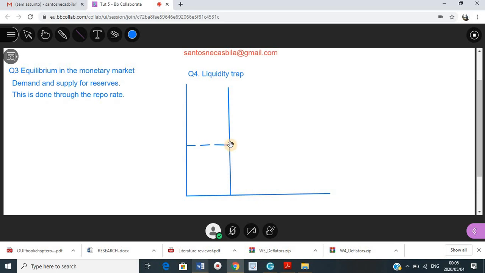This is the, let's call it M1, MS0 or MS, and this is our first equilibrium.